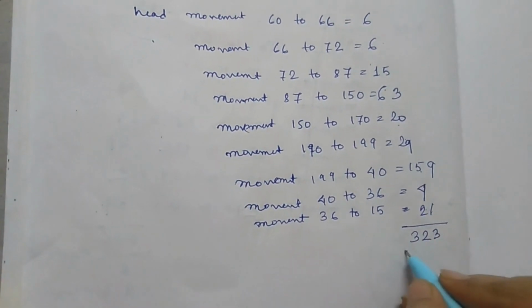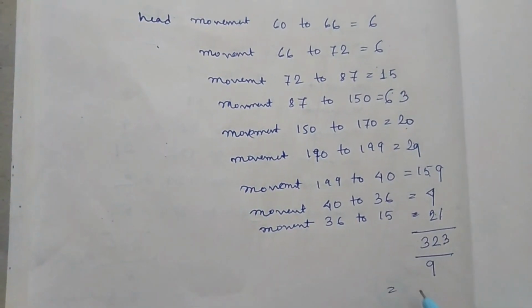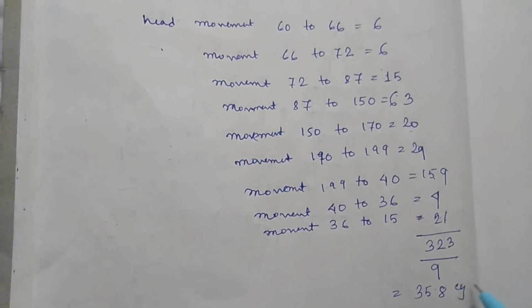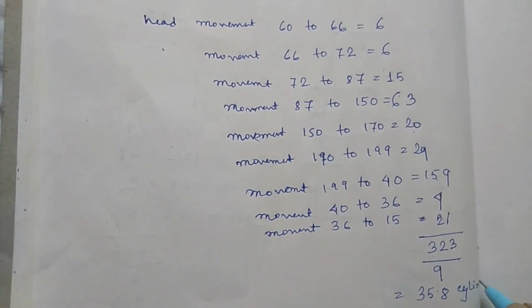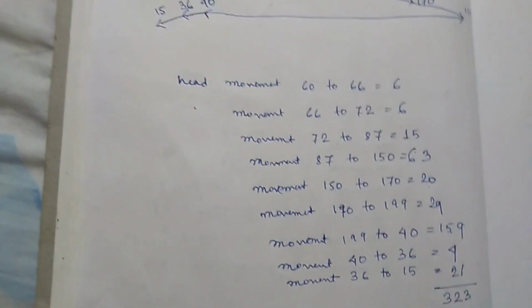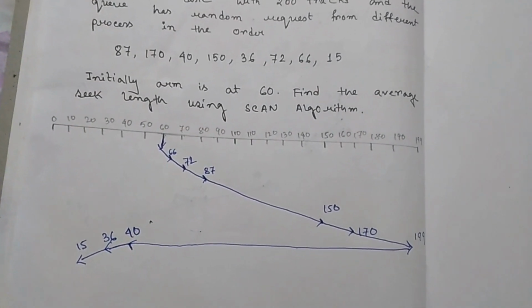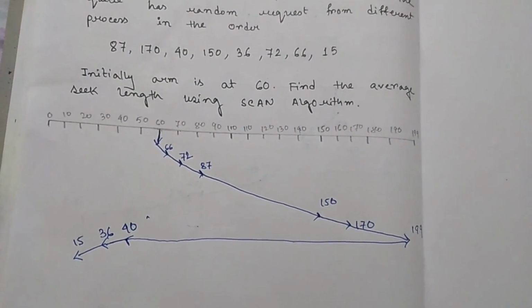So the total movement is 9 and the value is 35.8, and the unit is cylinders. So this is the head movement using the SCAN algorithm.